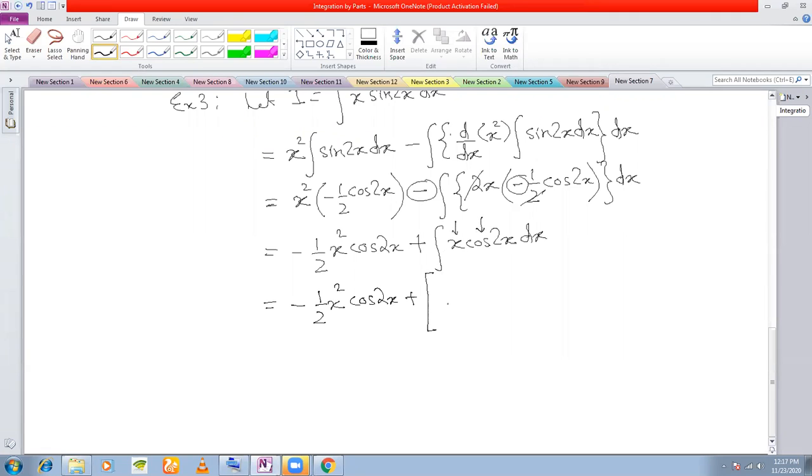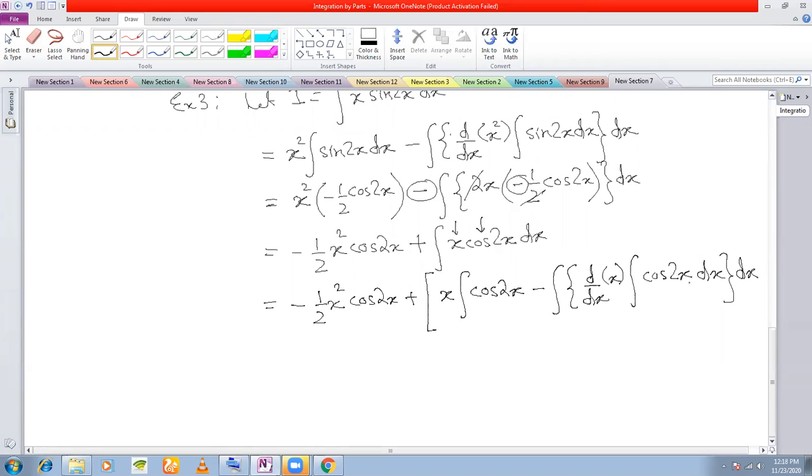So algebraic function has to be the first function into the integral of the second, minus integral of derivative of the first into the integral of the second, dx. Okay, so minus half x square cos 2x plus, now what will this be?